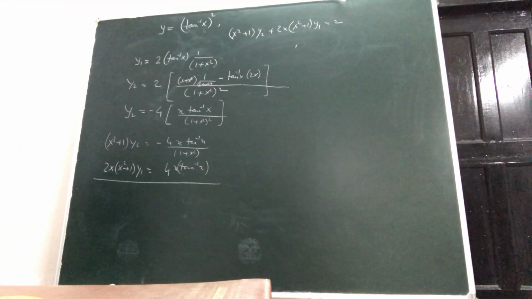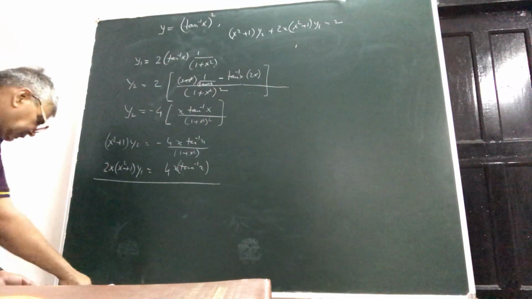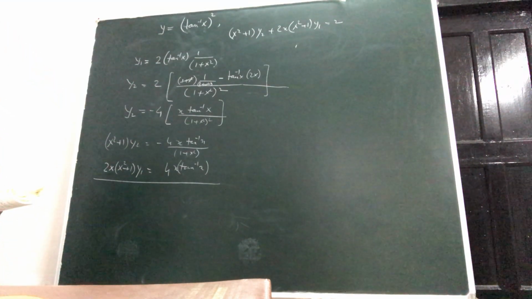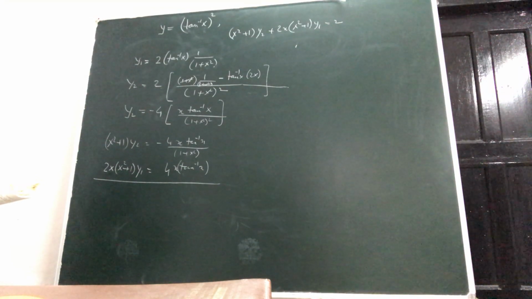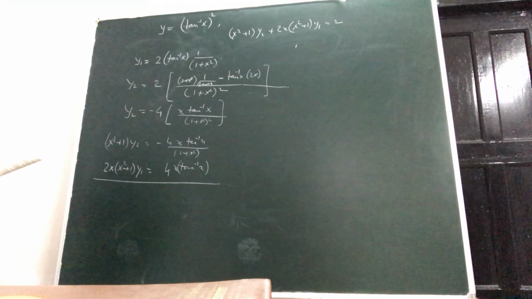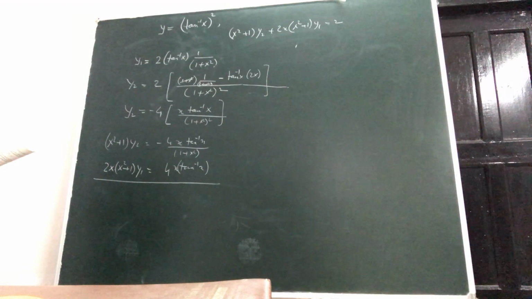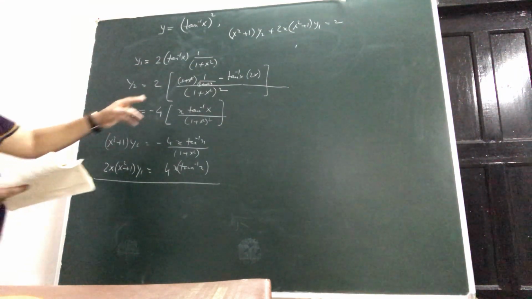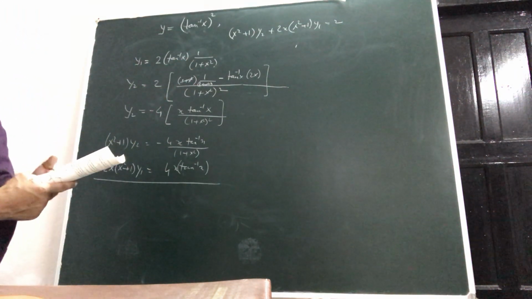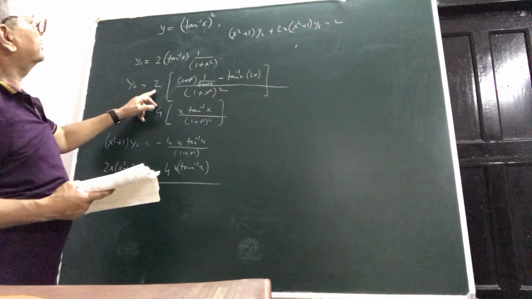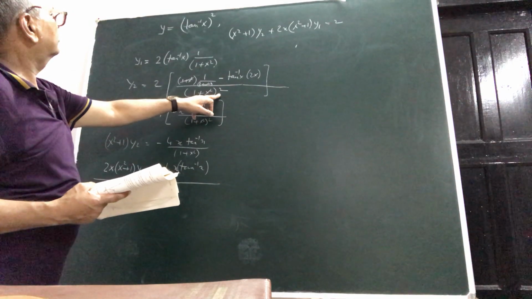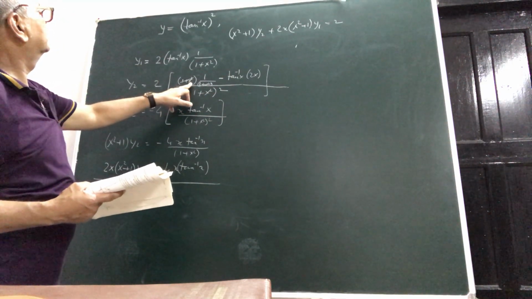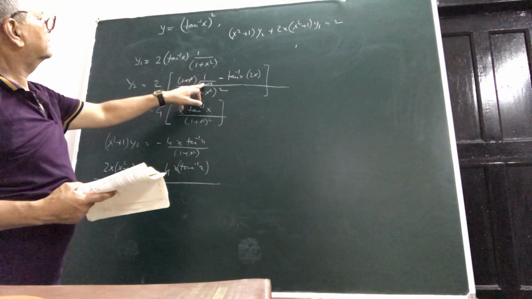That is posing some difficulty. Let me just check it. It is y is equal to tan inverse x whole square. So 2 tan inverse x, and the derivative of tan inverse x you have already kept here, 1 plus x square. And so y2 will be what? 2 over 1 plus x square whole square, and then 1 plus x square and the derivative of tan inverse x.